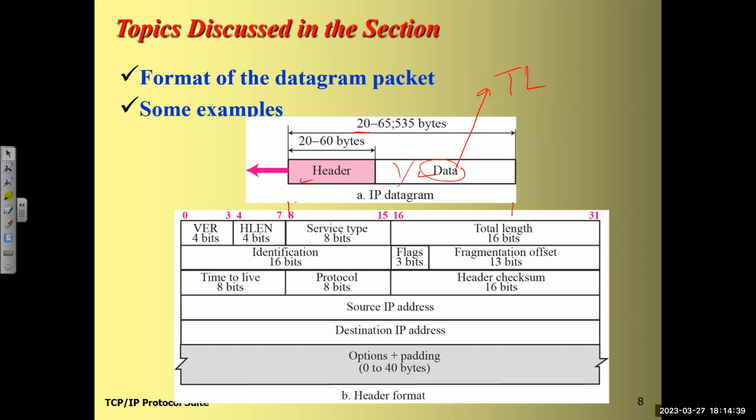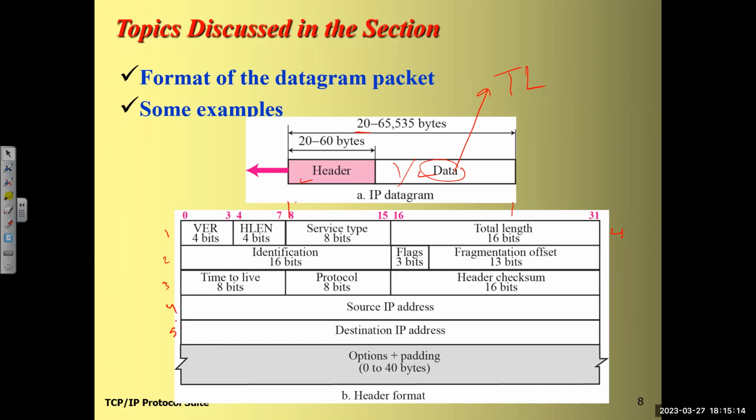For example, you will have, we said the header is between what? 20 to 60. So that means how many bytes? The 20 how many bytes? 20 bytes. It's divided, if each row is 4 bytes, correct? It's 32 bits, 4 bytes. How many rows you will have here? 5. You have 1, 2, 3, 4, 5.